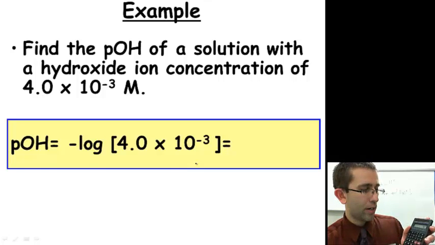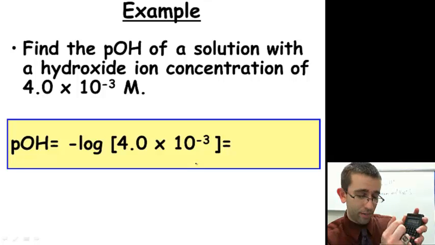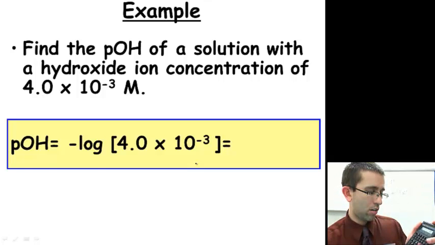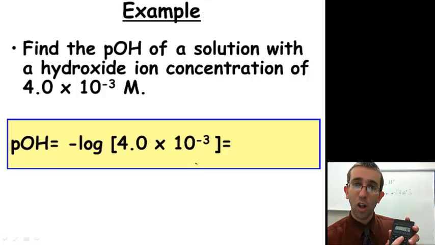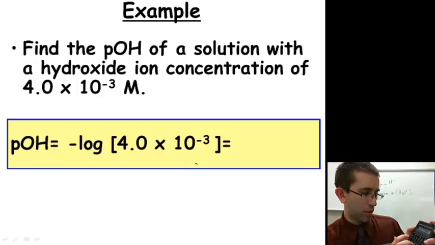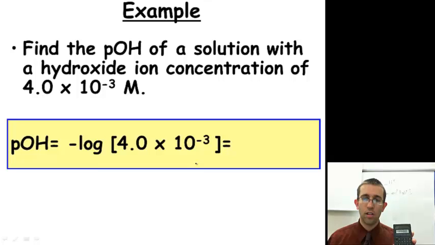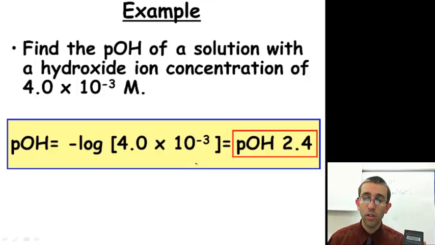Hit the negative, and then 3. So on your calculator, you should say 4.0, then to the negative 3. And then you hit the log button. Up here, top row, hit log. Just press the negative button one more time, and you'll have your answer. So the pOH is equal to 2.4.